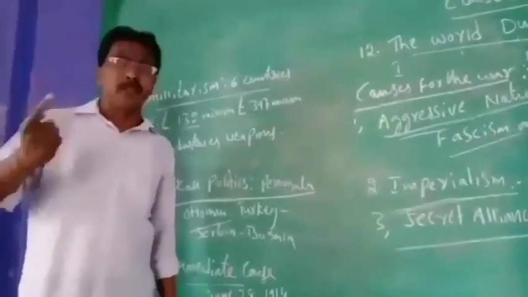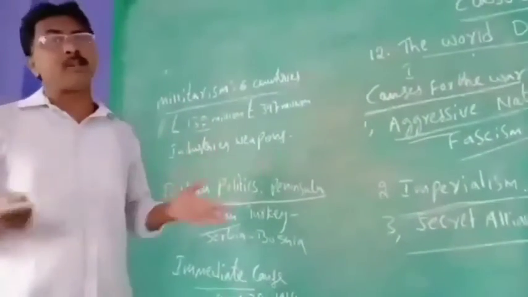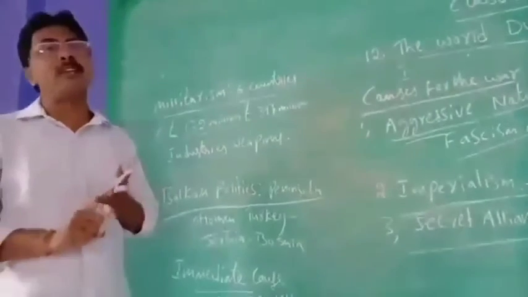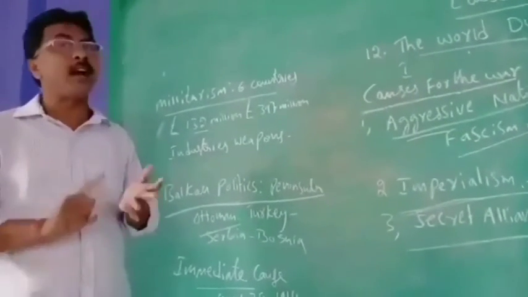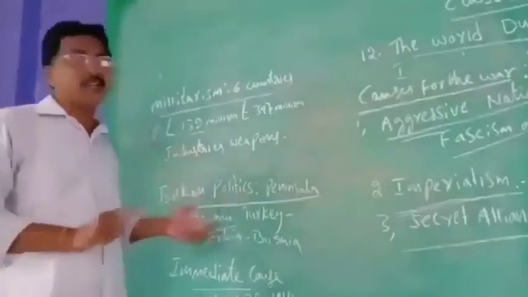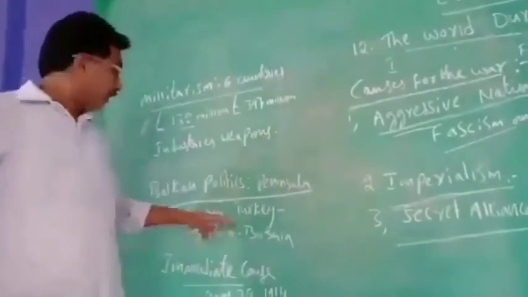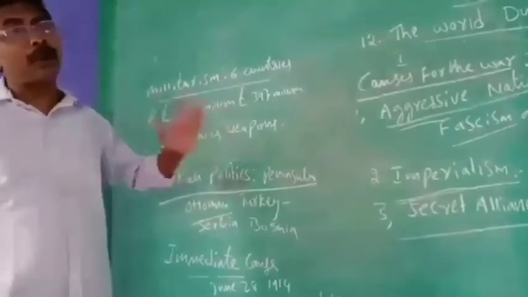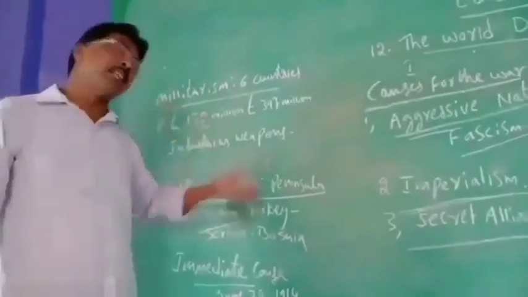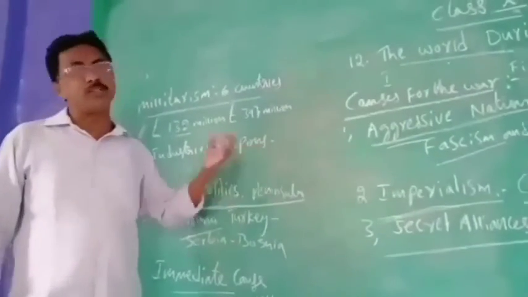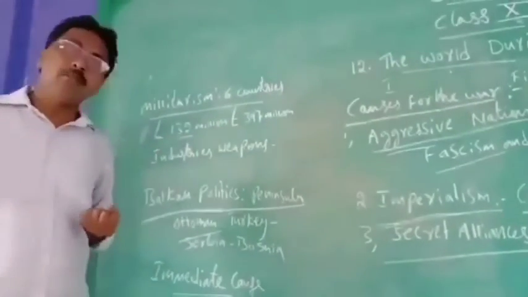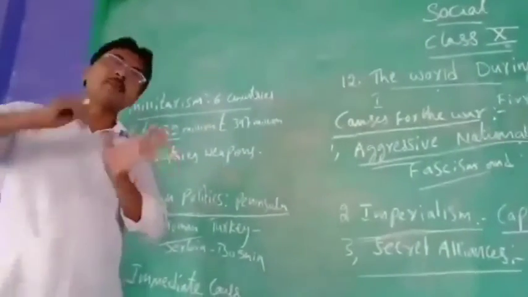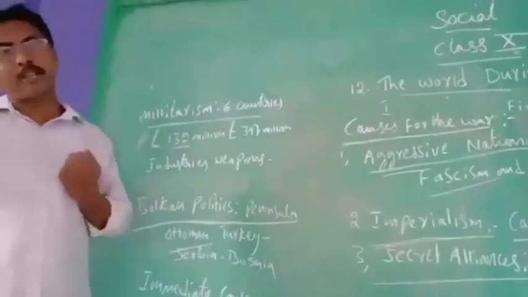He occupied some countries: Romania, Albania, Serbia, and he started ruling them. This Turkey king occupied Romania, Albania, Serbia, and initially Bosnia also was occupied. But what happened? The Serbian people, with the help of Russia, became independent. Why?